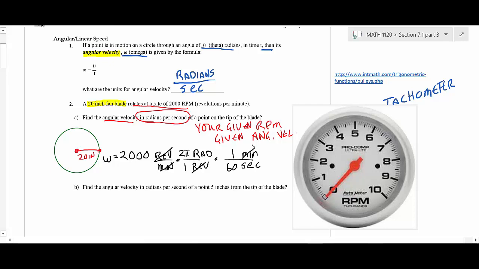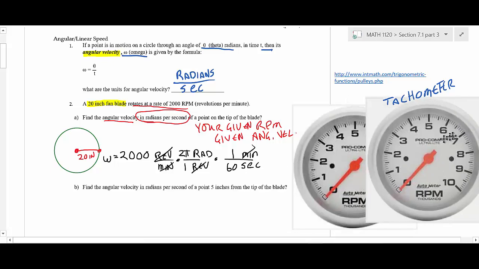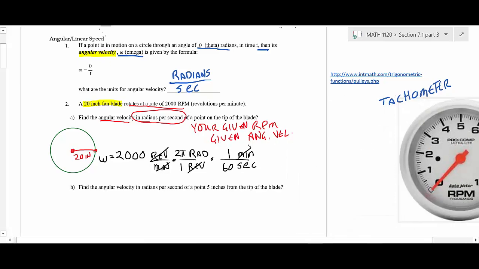Now what I'm going to do on this is primarily just use the calculator to get an answer. I'm going to multiply straight across. 2,000 times 2 pi is 4,000 pi, and then I've got 60 seconds like that. Again, my answer is in radians per second. You could reduce the fraction, and you would leave pi in the answer.